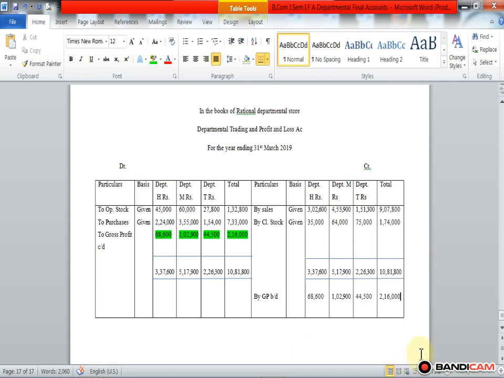Now we transfer all expenses related to profit and loss account. So here first transfer the salaries. Salaries is given here.